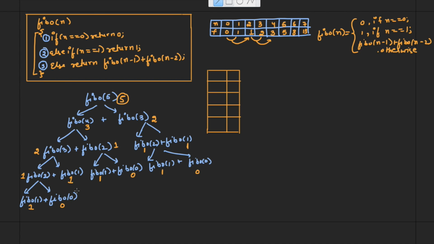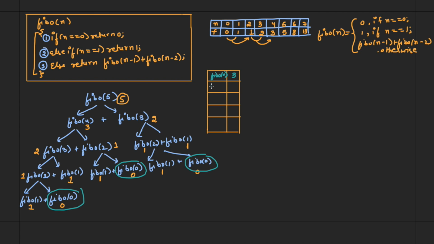If you can see this, we called Fibonacci of 0: 1, 2, 3. So we called it 3 times.